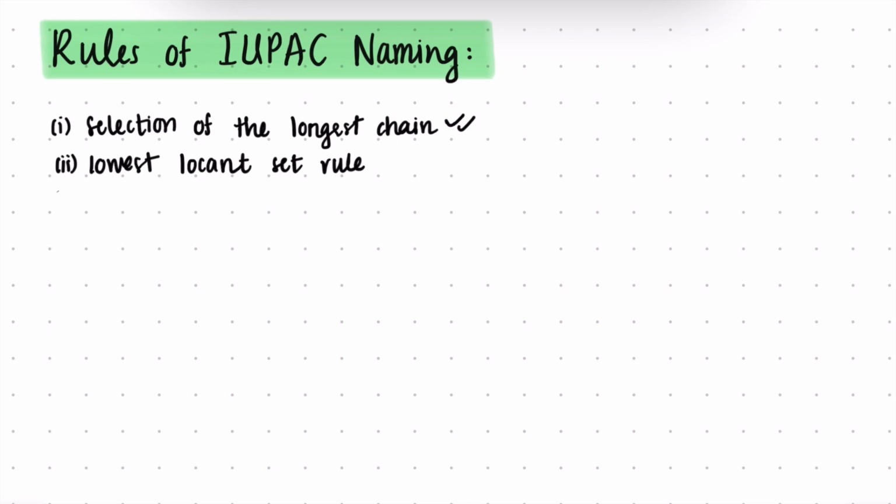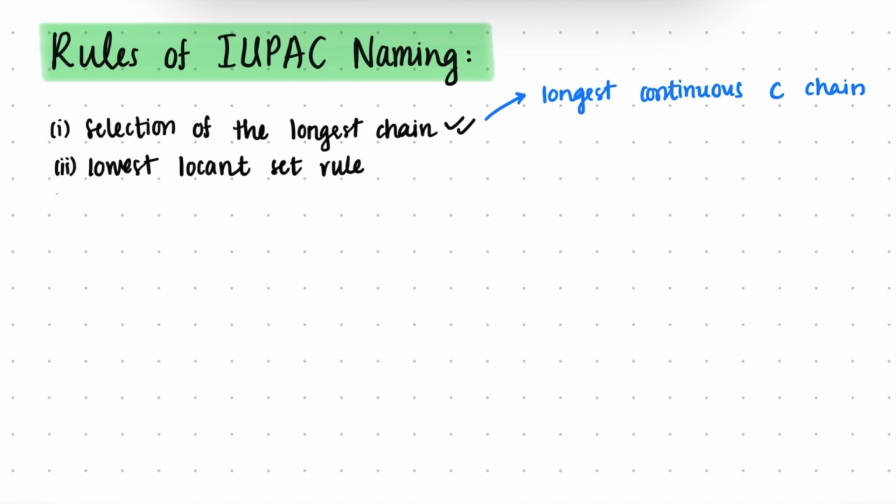So we've got a few rules to take care of. The first part is that it should be the longest continuous carbon chain. And if there are multiple chains of the same length and they are the longest, then the next thing you should check for is the one with more substituents.